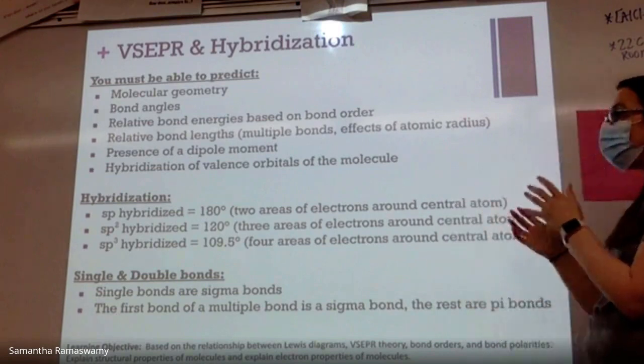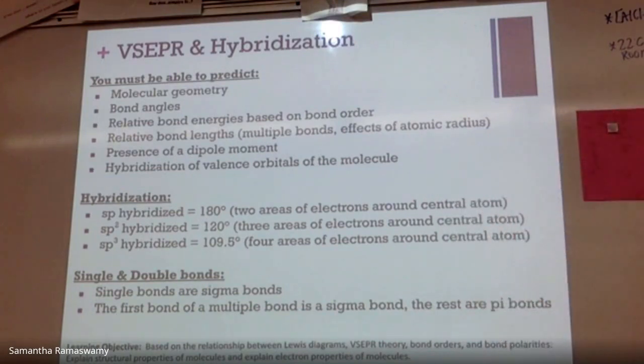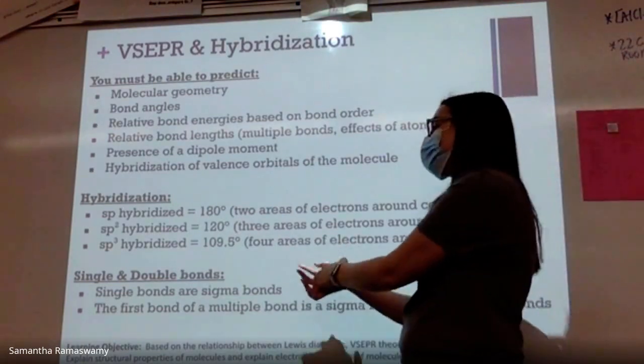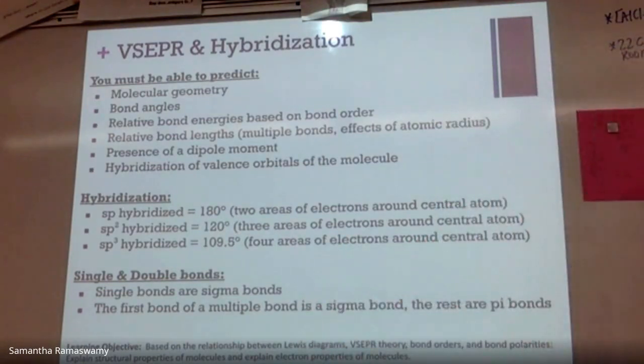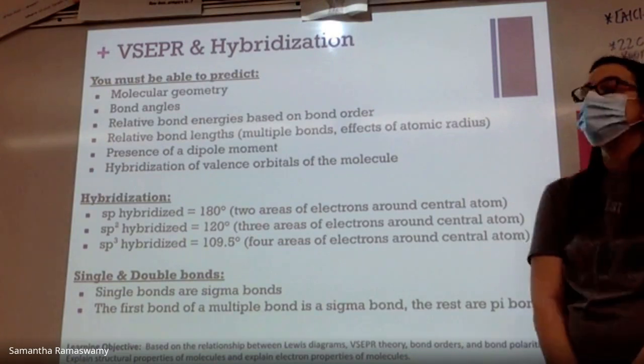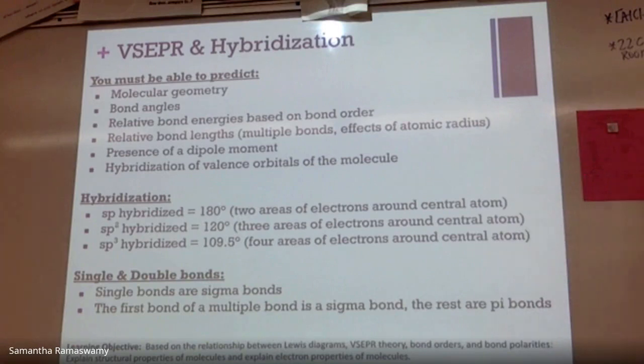Those are the only hybridizations that you have to know. And then finally, sigma and pi bonds, single bonds or sigma bonds. The first bond of a multiple bond is sigma, the rest are pi. So a double bond is 1 sigma, 1 pi. A triple bond is 1 sigma, 2 pi.